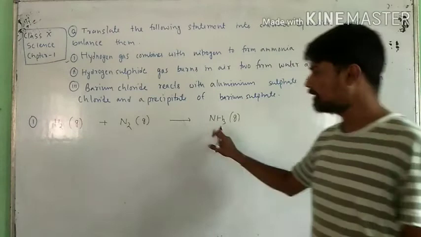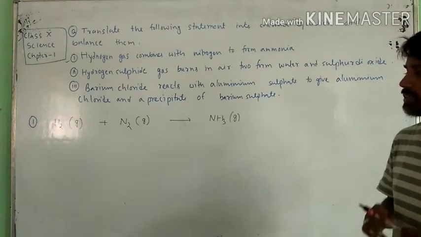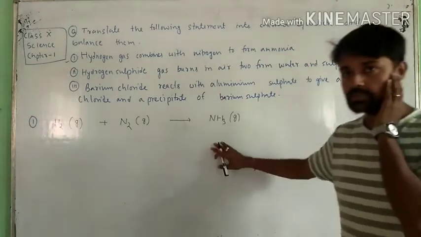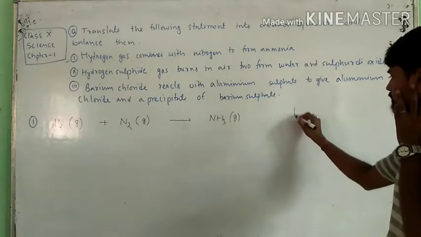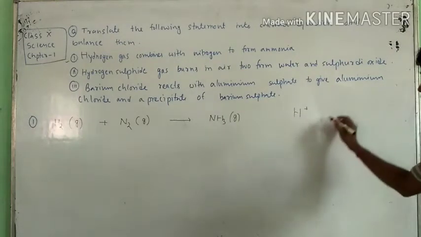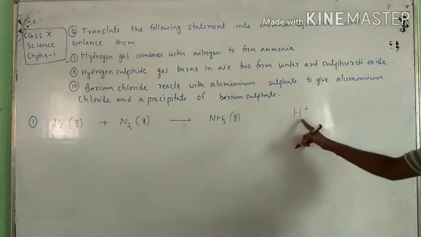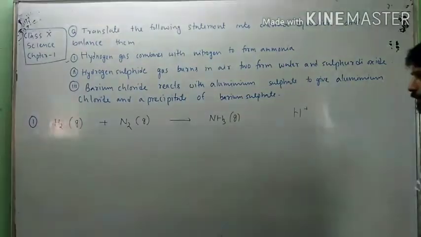So how to identify the formula? In the earlier classes, we have discussed how to identify these formulas. Let us understand these. Hydrogen is denoted as H positive, the hydrogen ion.